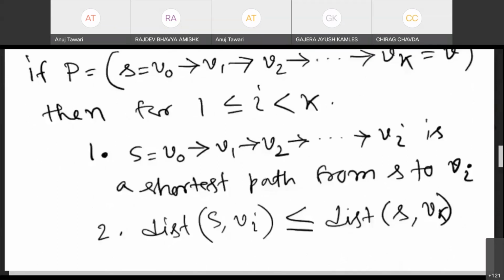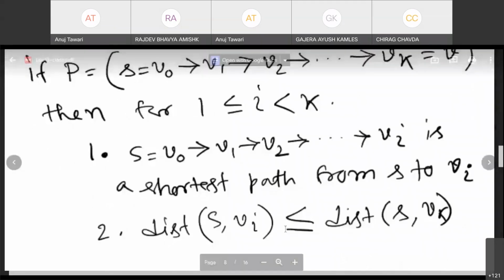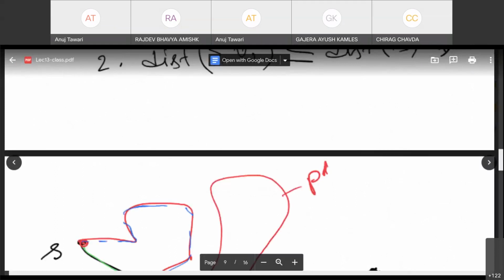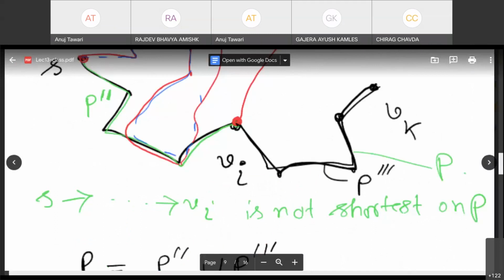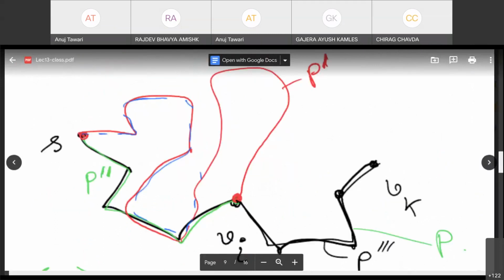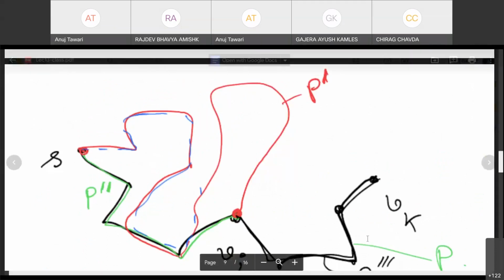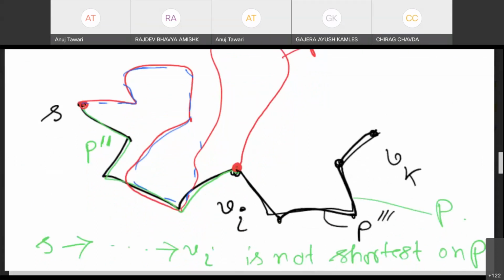And the distance from S to Vi should be at most equal to the distance from S to Vk. Proving this is not too difficult. Let's assume that this was our big path going from S to Vk, and let's call this vertex Vi.